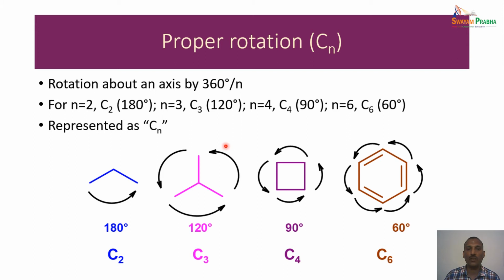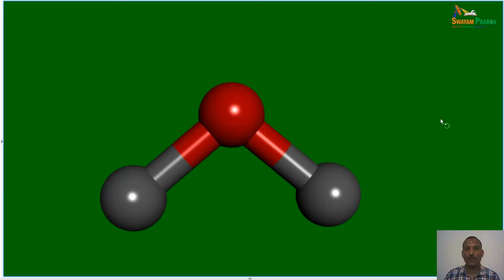So let us look at the demonstration of this proper rotation. Let us look at the Cn axis. This is a water molecule as shown here. This has a C2 symmetry. So we are going to do a 180-degree rotation, and let us see whether there is a change in the starting molecule representation or not.